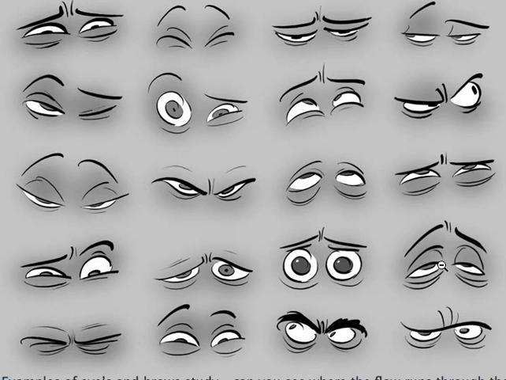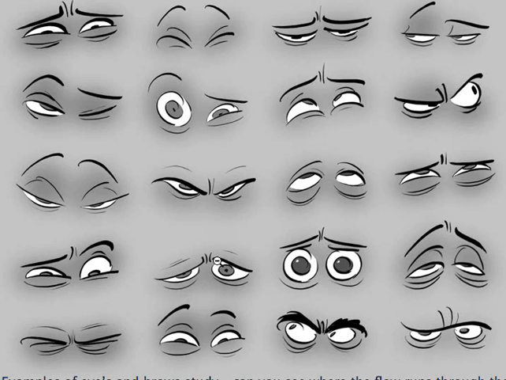A perfect example is this one down here: you'll notice that the brow and all of these lines feel like they have a sense of flow or rhythm, or they're almost parallel to each other. So they feel like they're connected.